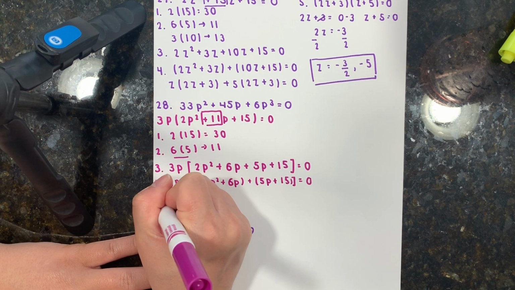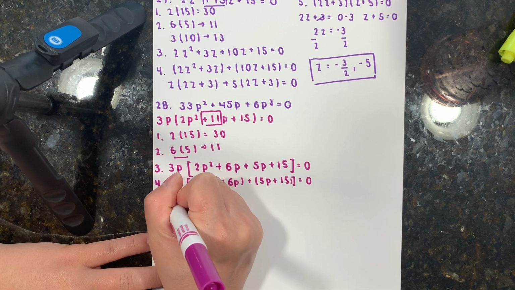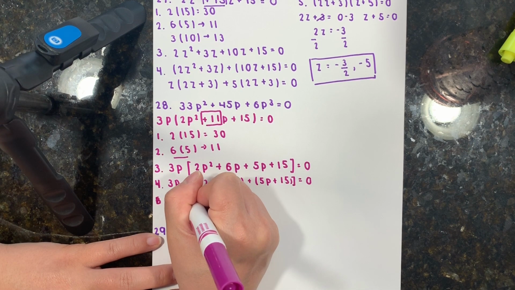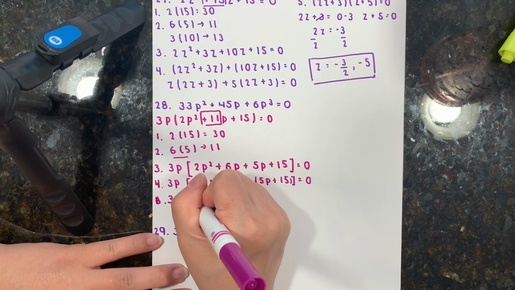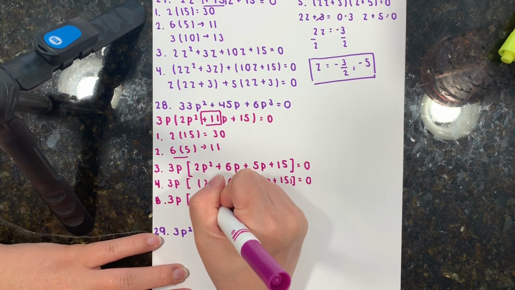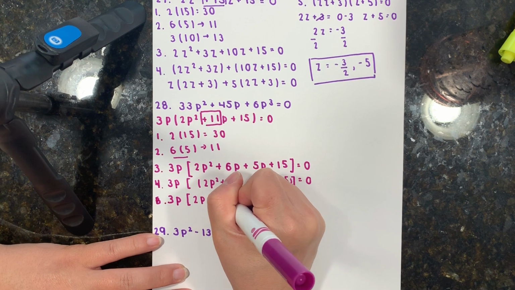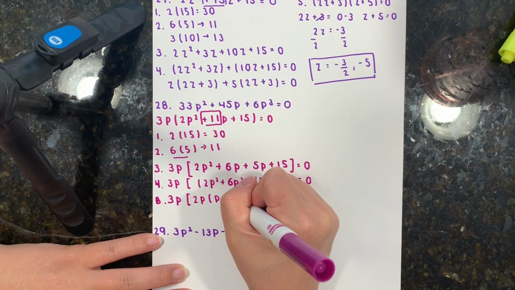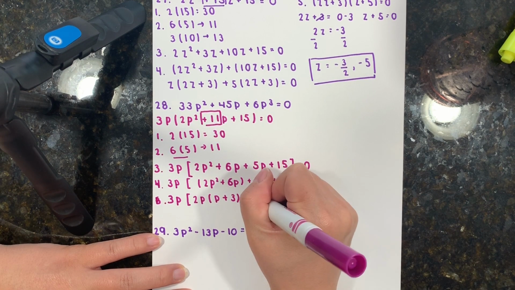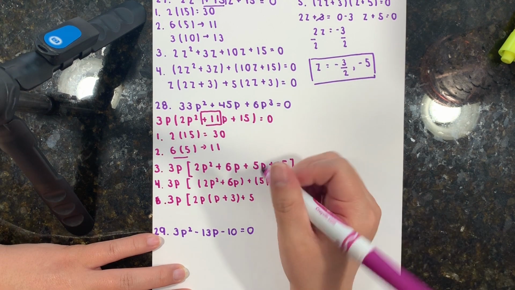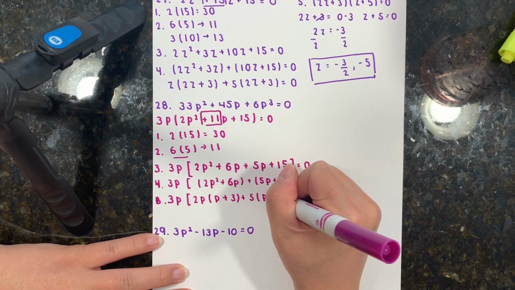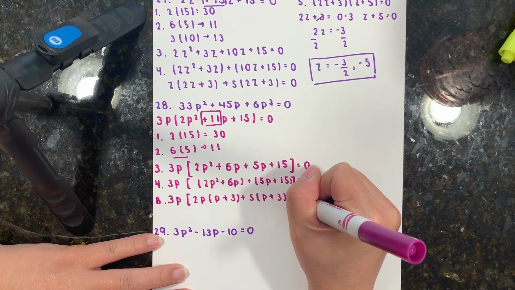So in the first term, I can factor out a 2 and a p, which would leave me with p and 3. Second term, I can only factor out a 5, but that would leave me with p and a 3.